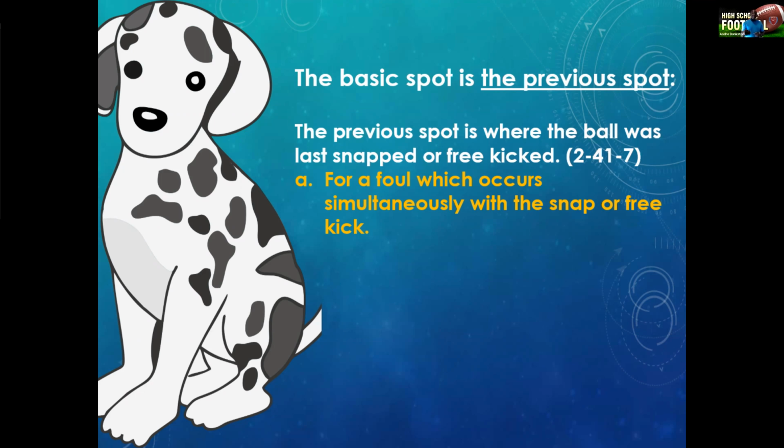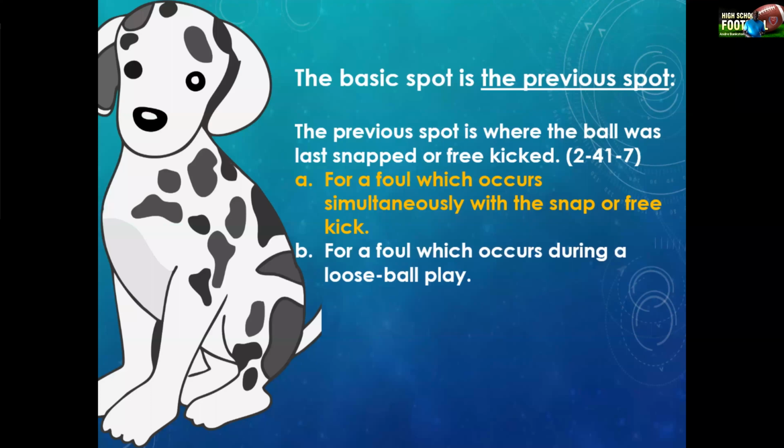A foul that's simultaneous with the snap, illegal formation, illegal shift, illegal motion, is a previous spot foul. So the basic spot for that type of foul is the previous spot, which is where the ball was last snapped from, and that becomes the basic spot.